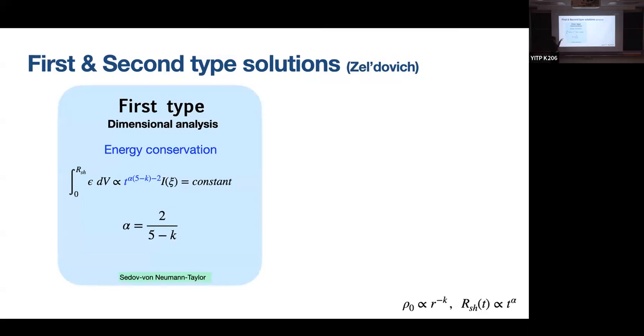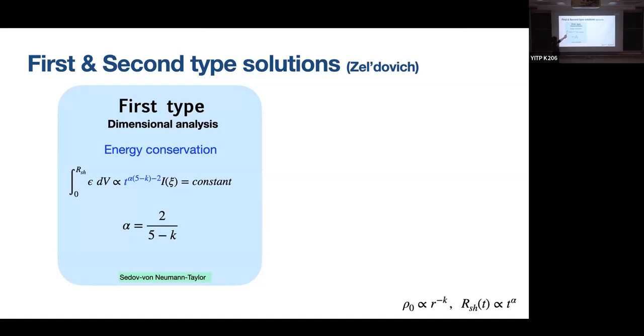And Zeldovich classified this type as a problem where you can use dimensional considerations in order to find the desired similarity exponent, alpha, the one that we're looking for. To phrase it differently, in the context of this strong explosion problem, it means that we can require energy conservation in the self-similar domain in order to find this alpha parameter.